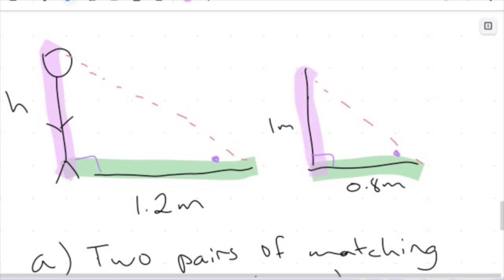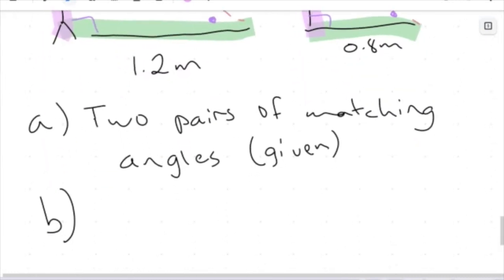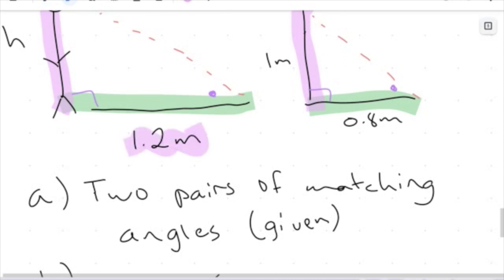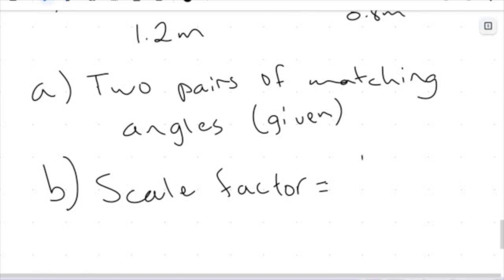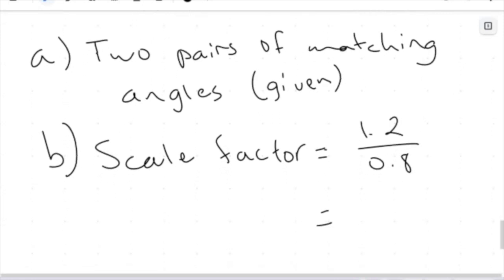So to find out his height, we're going to first have to find the scale factor. So the scale factor equals to, let's do the bigger length over the smaller length. So the scale factor equals 1.2 divided by 0.8, and that gives me 1.5. That's my scale factor here.